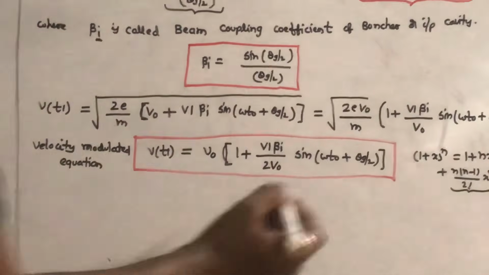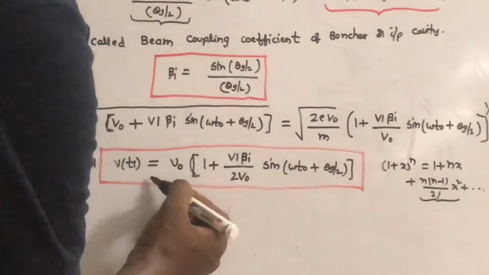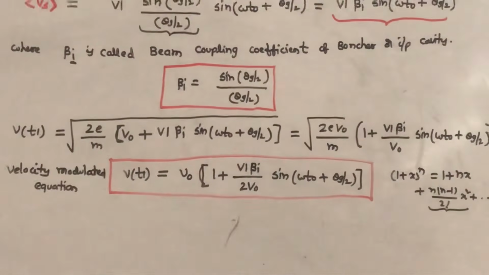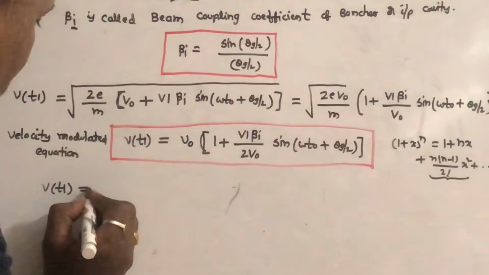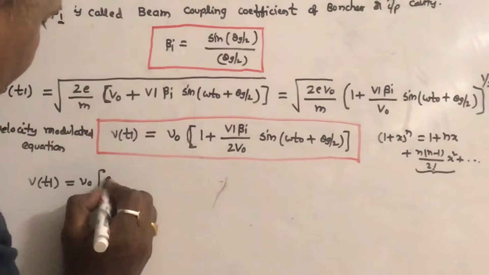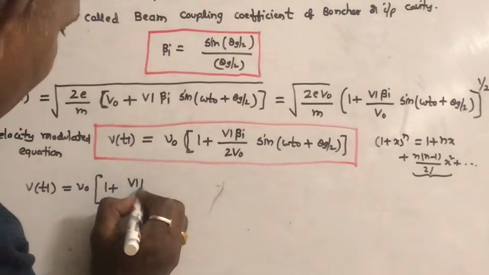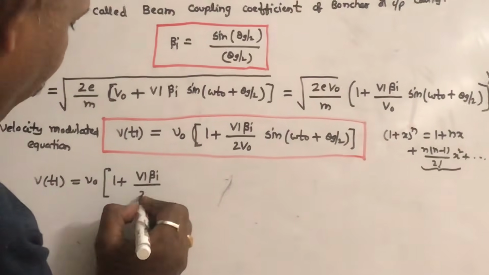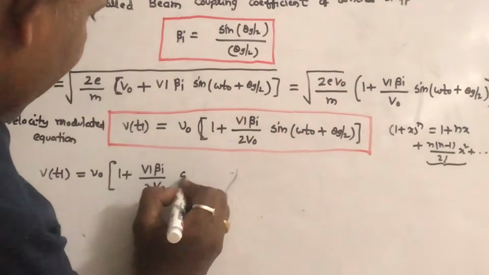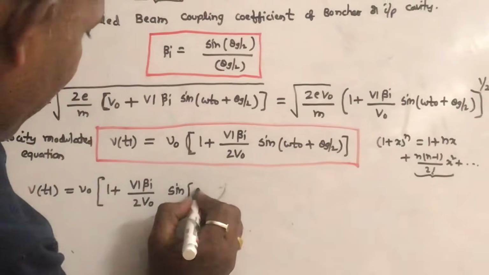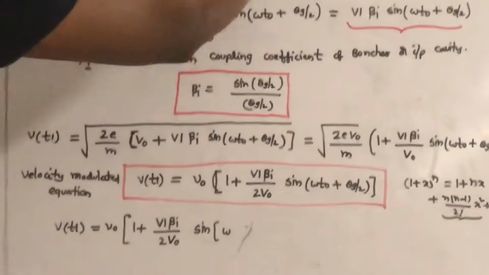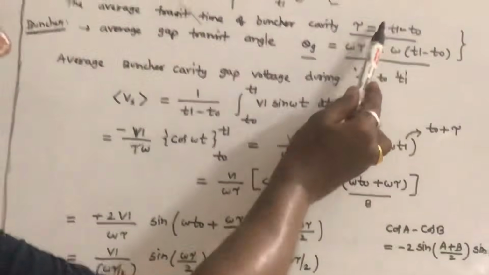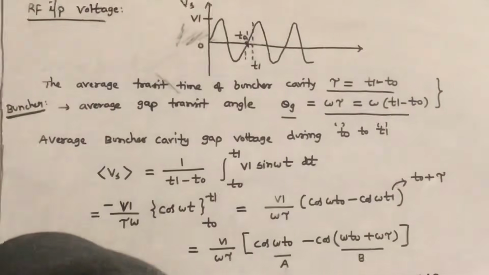Now let us write this equation in terms of t1. For this, we will further simplify. So v of t1 is equal to v0 into 1 plus V1 beta I by 2 V0, the cathode voltage, into sine of omega t0 plus theta g by 2. You can see that t0 is written as t1 minus tau.